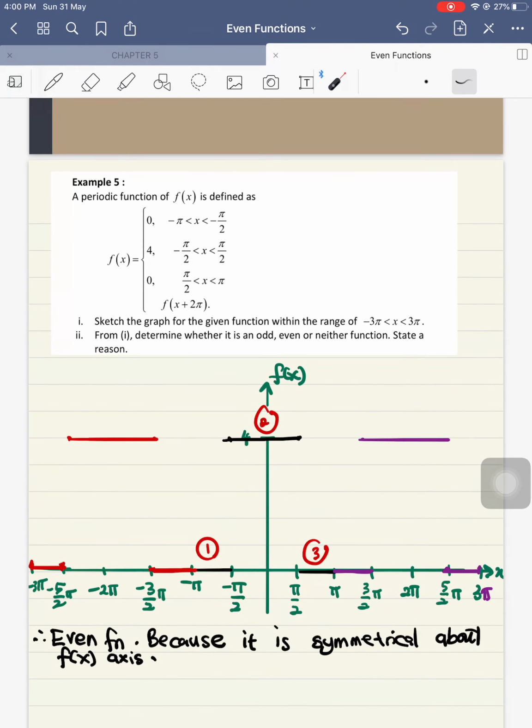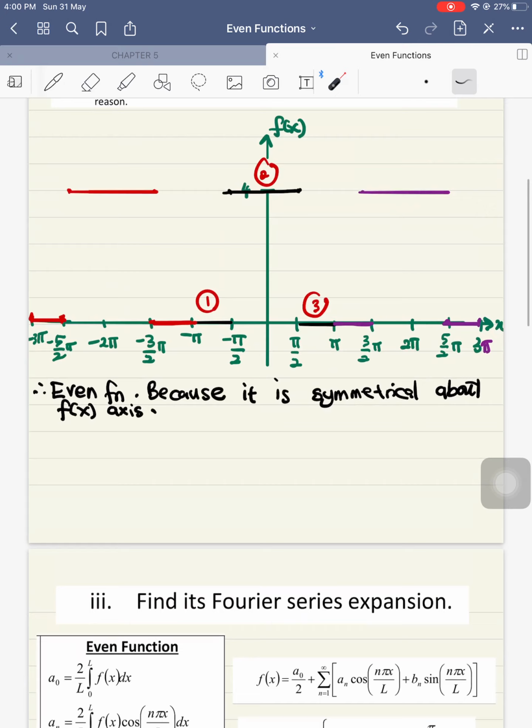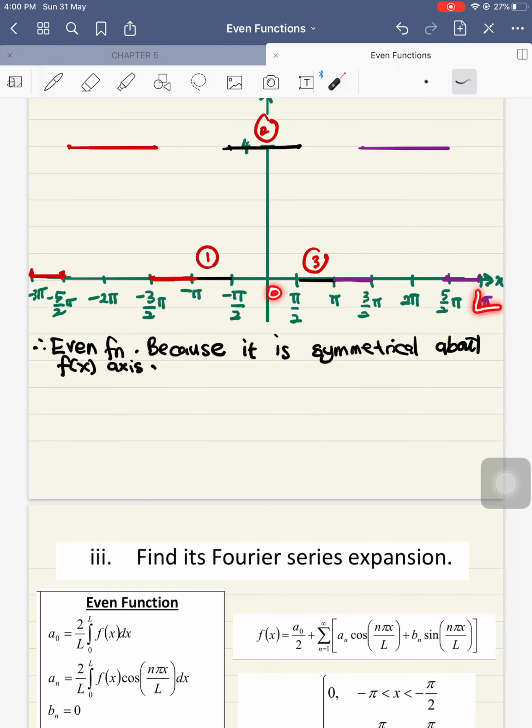But for an even function, since it is symmetrical about the f(x) axis, you can just consider the positive part, then multiply by 2. That's why we start from 0 until L, because the graph on this side is just equal to what you have on your right hand side.